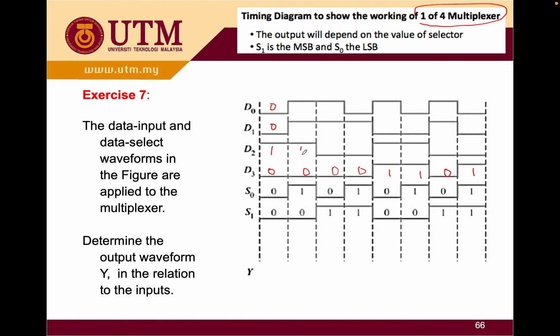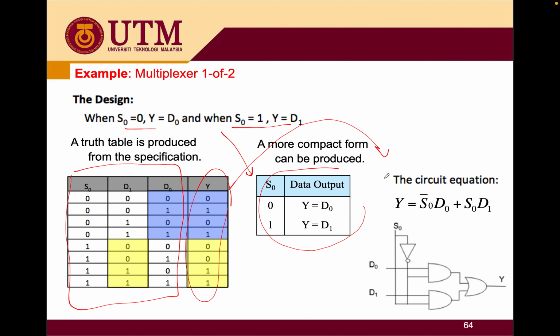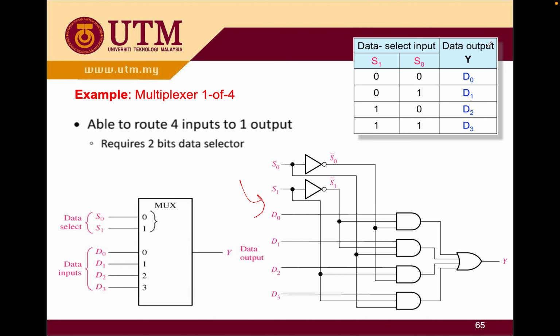Okay, 1, 0, 0, 1, 1, 0, 0. It's too near to each other, that's why I'm quite confused. 1, 0, 0, 1, 1, 1, 1, 1, 0, 1, 0, 1, 0. Okay, from this you're going to look into it. Did it disappear? No, okay. So you need to see this one.